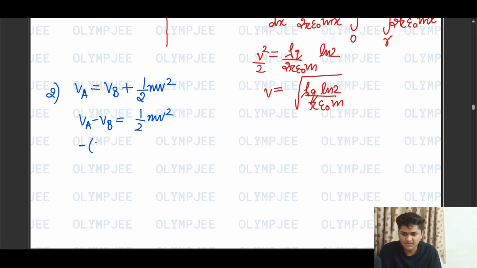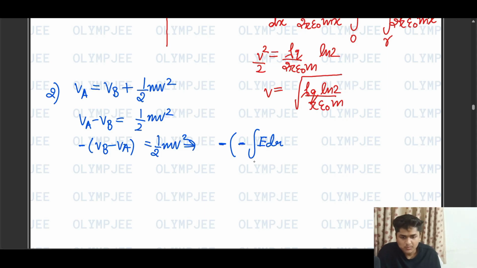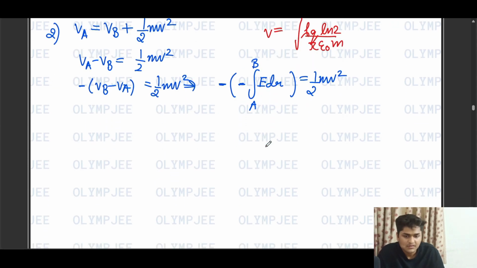So this is minus (VB minus VA) is equal to half mv², which gives us minus of minus E dr from A to B is equal to half mv², which will give us 2kλ by x dx from r to 2r is equal to half mv².